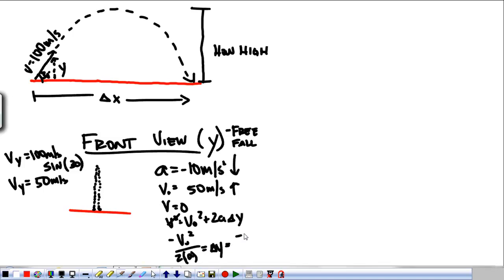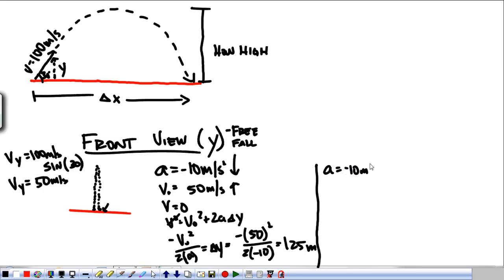Looking at it, we have negative 50 squared over 2 times negative 10, and our delta y comes out to be 125 meters.